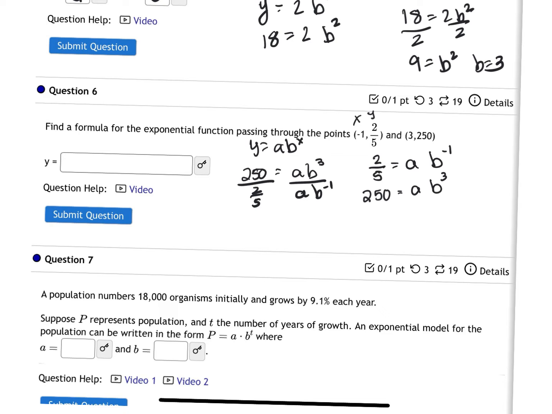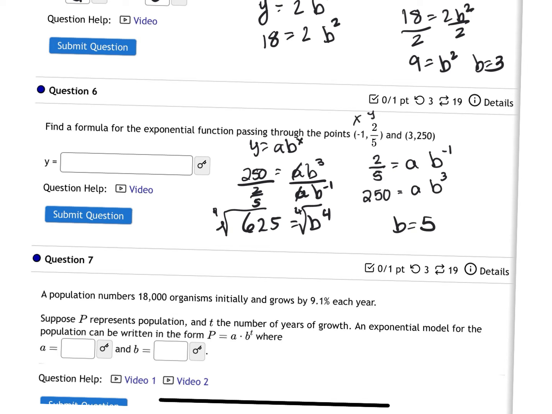First of all, 250 divided by 2/5 is equal to 625. The a's will cancel. This is b to the 4th. And the 4th root of 625 is 5. So if you take the 4th root of both sides, b equals 5.